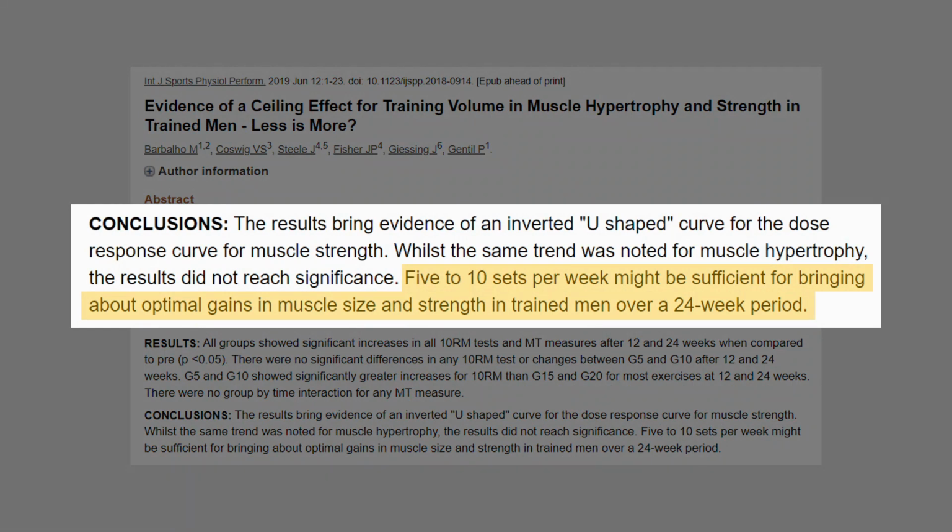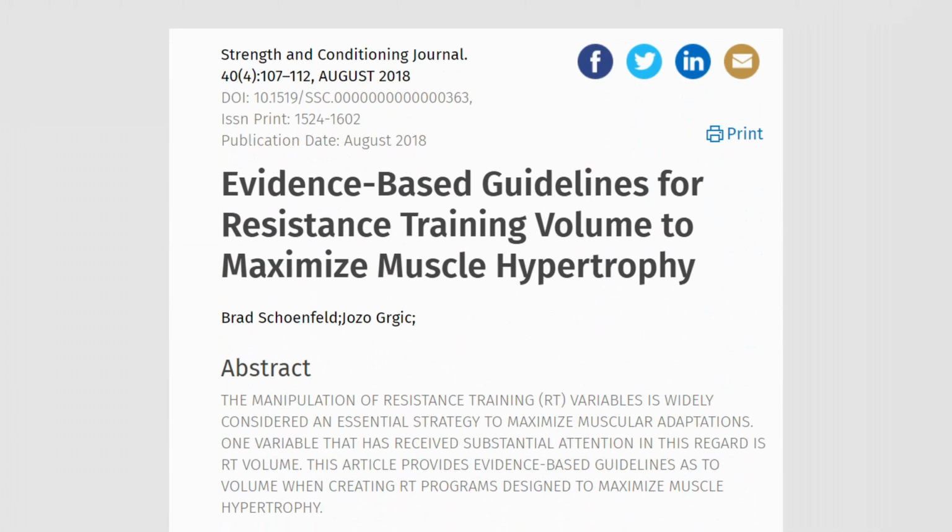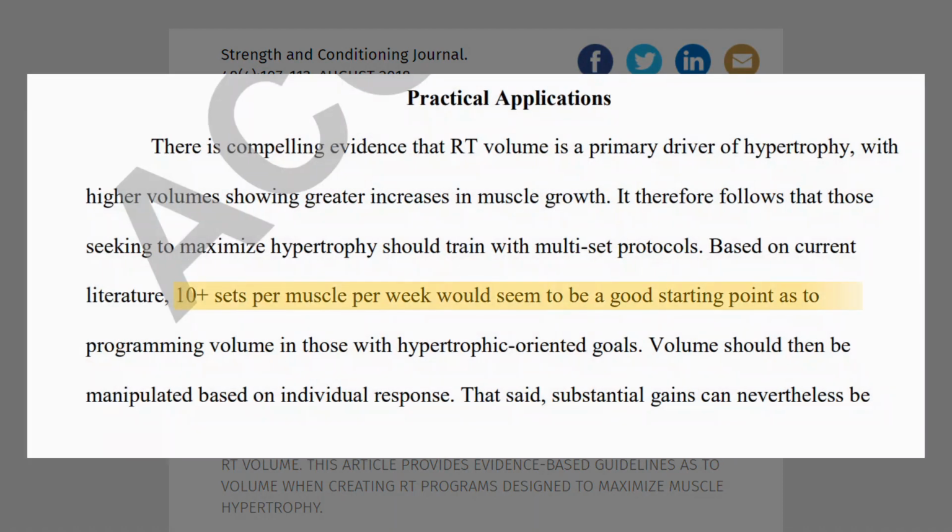It seems that high volumes may be more effective in the short term, but may exceed recovery capacity in the long term. This research review suggests that 10 plus sets per muscle group per week is a good average starting point to train with, and then volume can be adjusted over time based on the individual response.